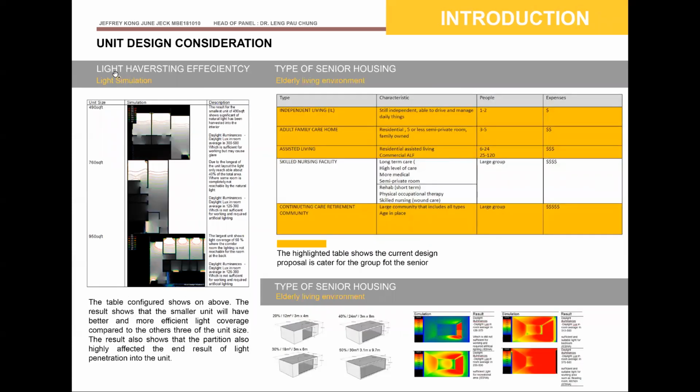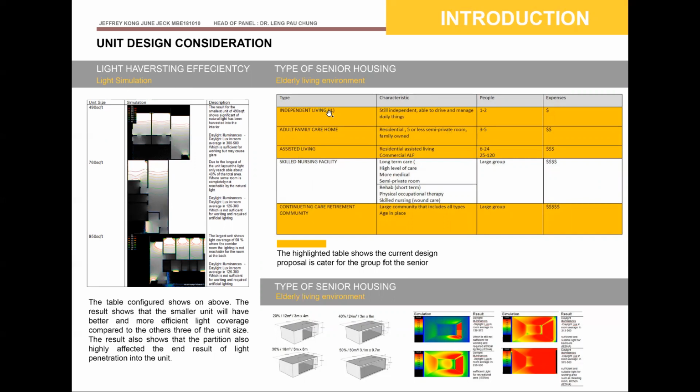The next is the housing system. This is all from my predecessor's study. It shows that units with more partitions have less light penetration inside the room, so the fewer the partitions, the better the light harvesting. And this is the types of senior housing.